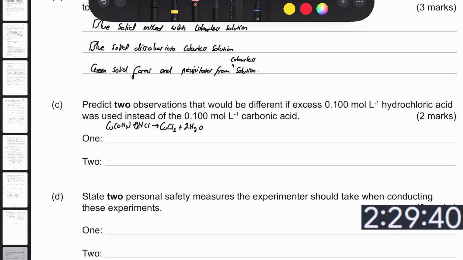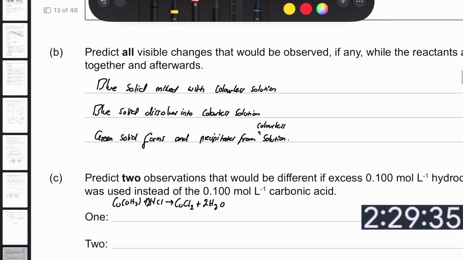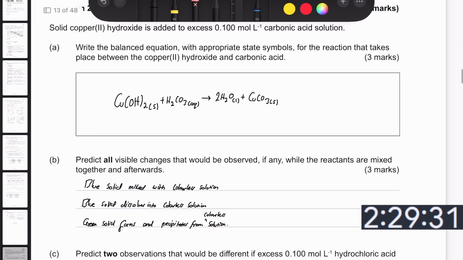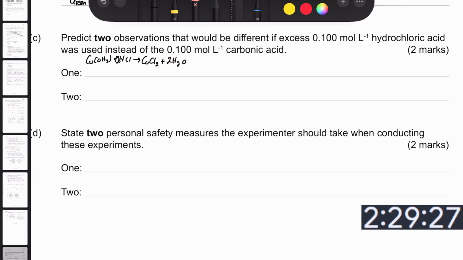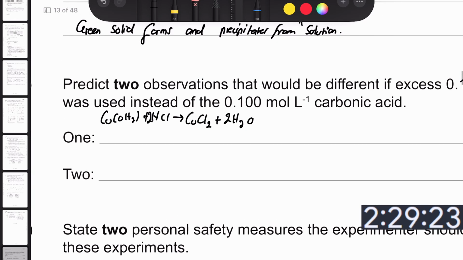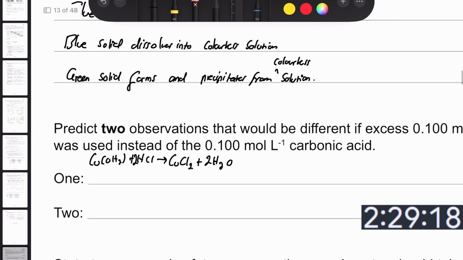Well, CuCl2 is still green. And the blue solid still dissolves.